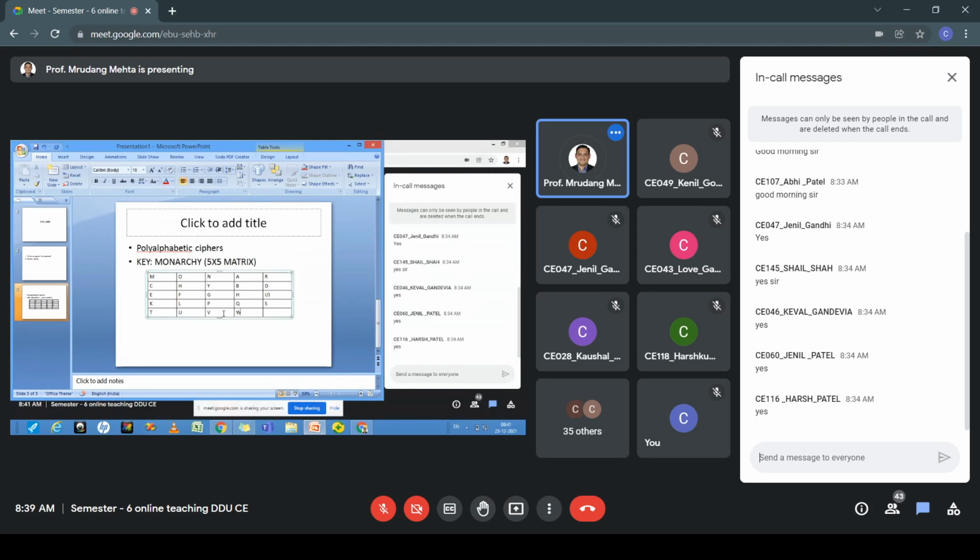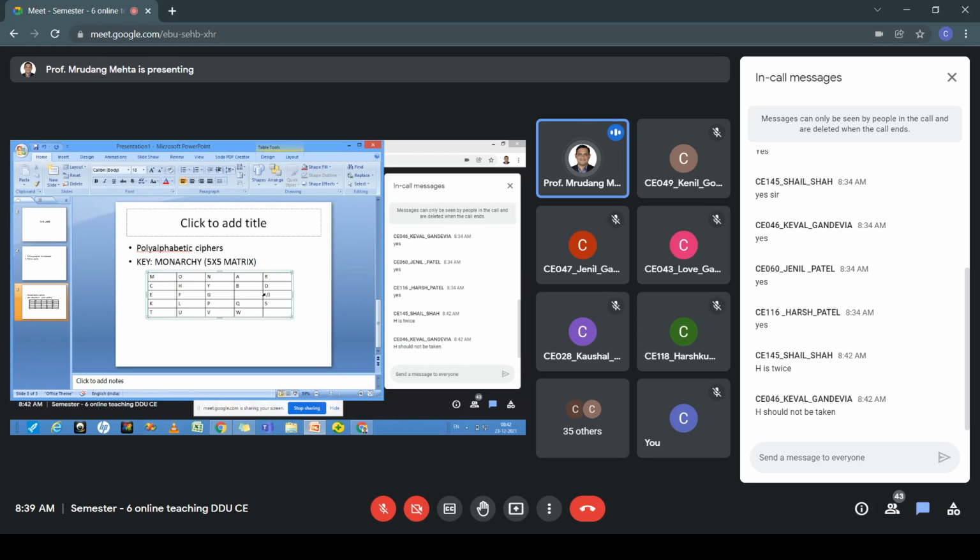So some character is repeated. Which one is repeated? H. H is taken over here, but here it should not have been taken. Correct. Right.